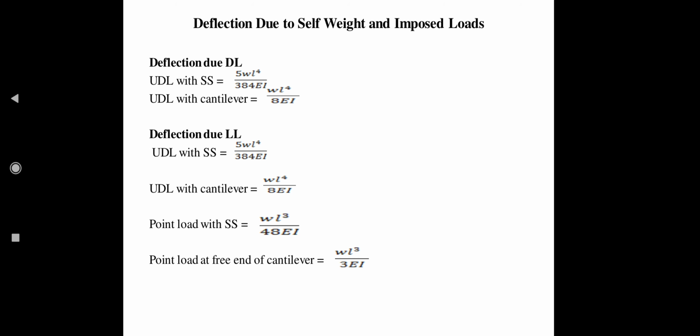When a beam is subjected to point load and a beam is supported with simple supports, then the deflection is WL cube by 48 EI. And when a cantilever beam is subjected to point load at its free end, then the deflection of a beam is equal to WL cube by 3 EI. So this is how we will calculate the deflection of a beam under live load, under dead load, and under pre-stressing of the cable.